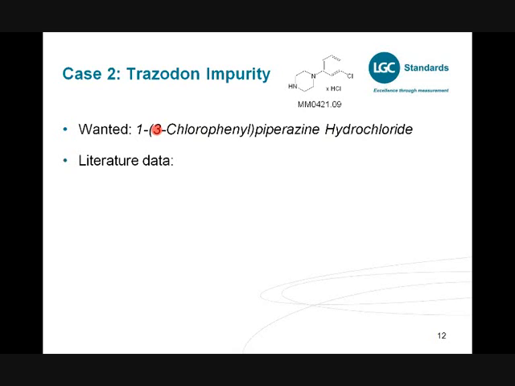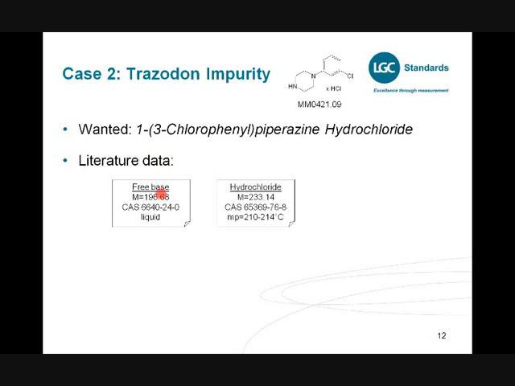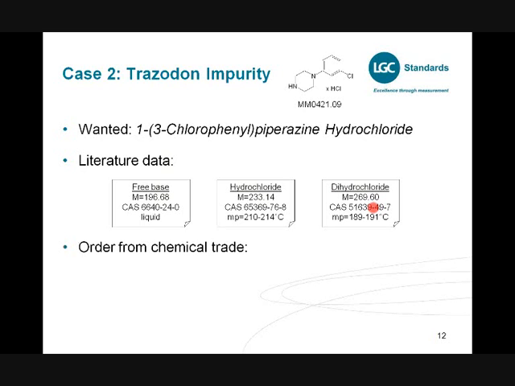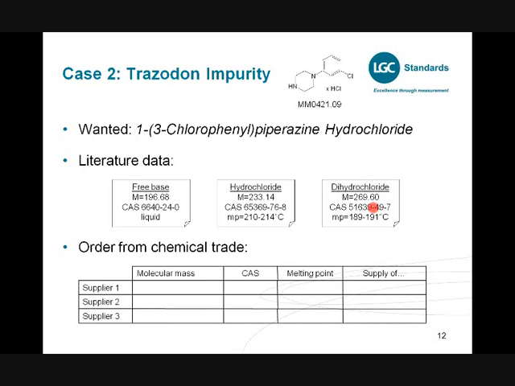So we looked into the literature and found data for the free base again, for a monohydrochloride and for a dihydrochloride as well, with this data here. And then we looked also into the fine chemical trade, what is available for ordering. And we looked at 3 suppliers.